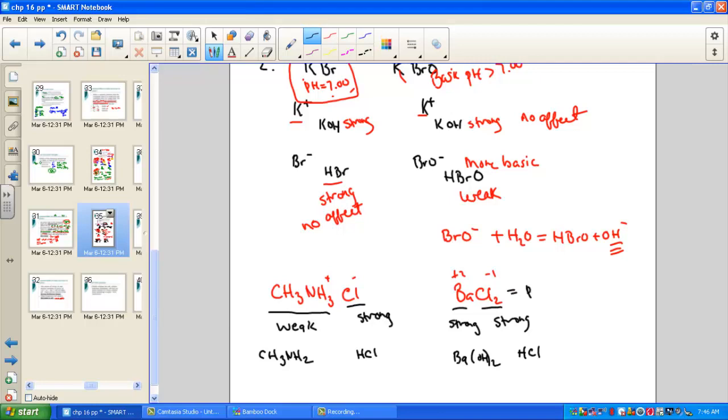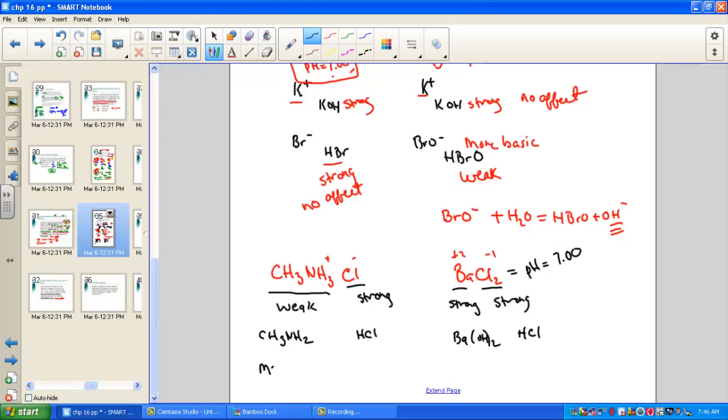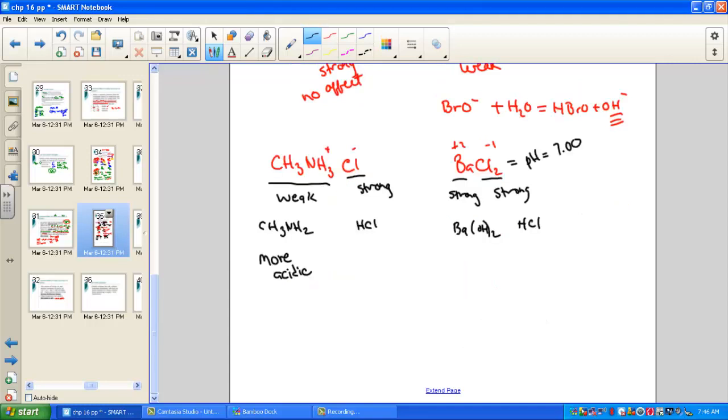Of course, if both our parents are strong, pH is exactly neutral. Here we have one strong, so no effect from the negative ion, but the positive ion sure will, and it makes the solution more acidic. Keep in mind the chemistry. Here's the methylamine positive ion.